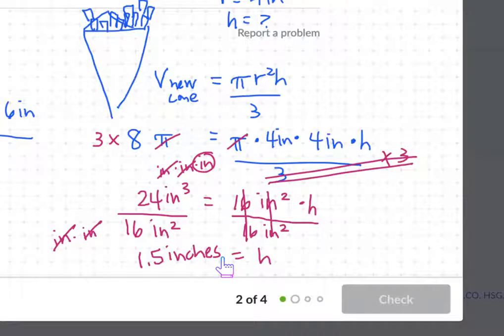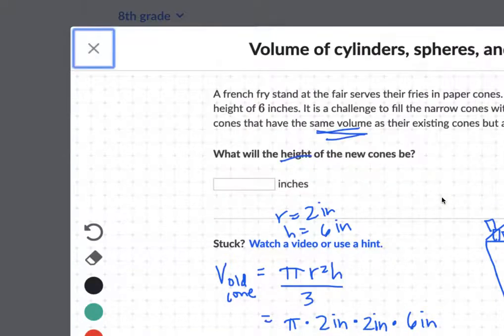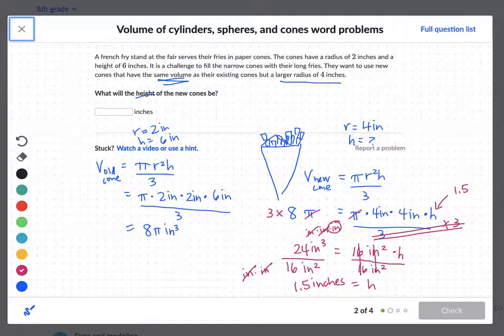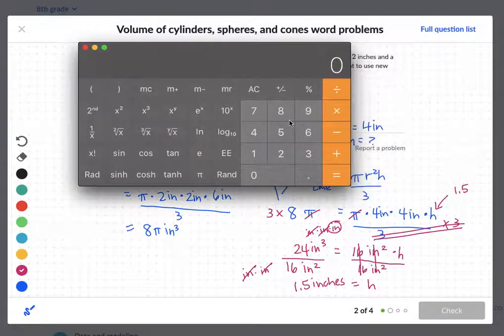If you don't believe me, put it back in here, and then we can see if multiplying and dividing all these gets us back to 8. So in my calculator, let's try it. 4 times 4 times 1.5, our height, divided by 3 should get us back to 8.